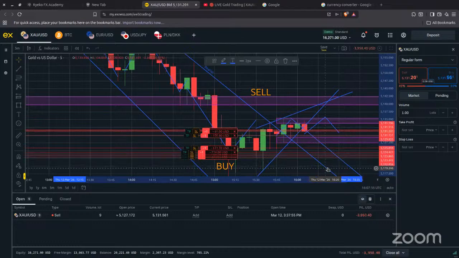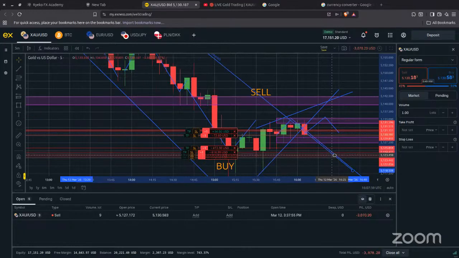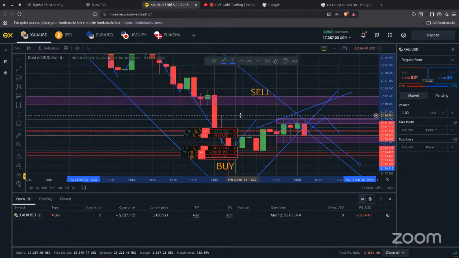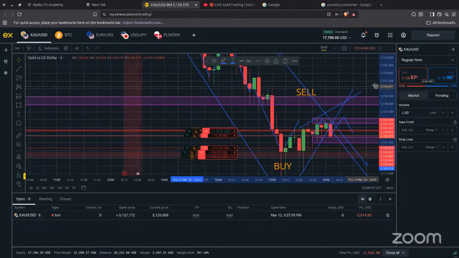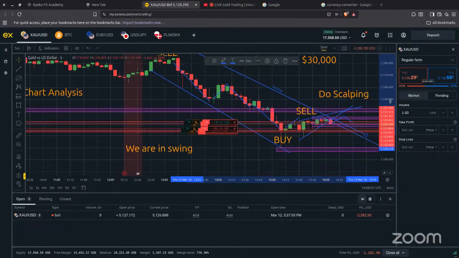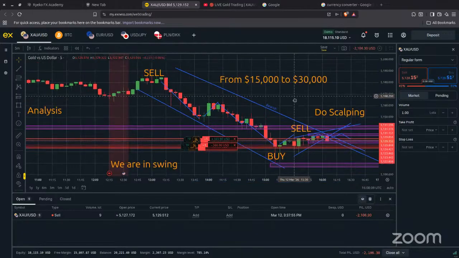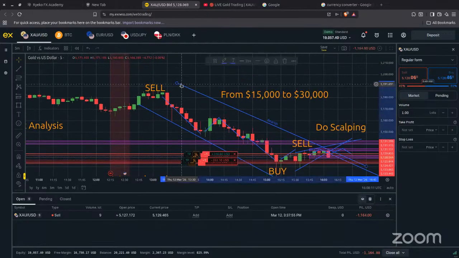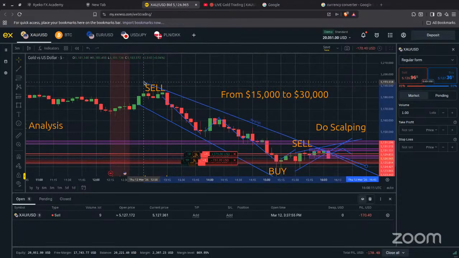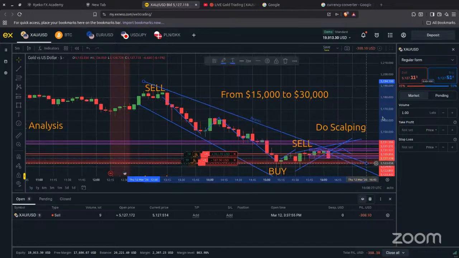Since it has closed outside, we can adjust it here, like this. The only thing you can do is to adjust the bearish position there.